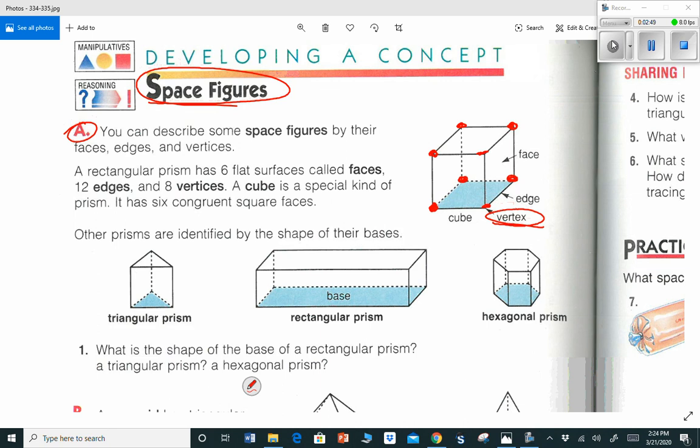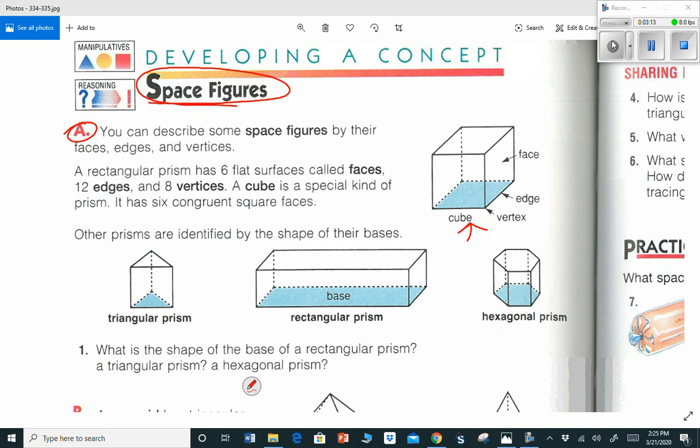And that's all of them, where 3 or more faces come together, and you get a point there. So we had 6 faces, 12 edges, and 8 vertices. And that particular space figure is called a cube.